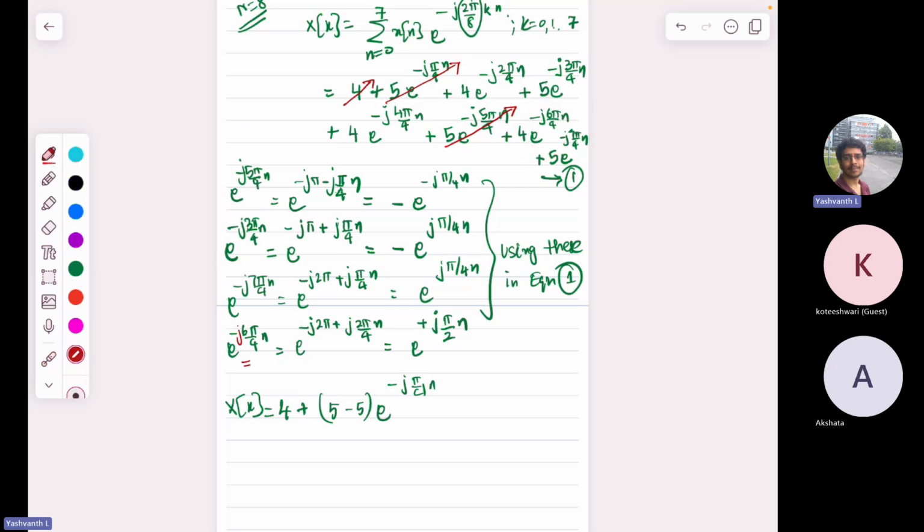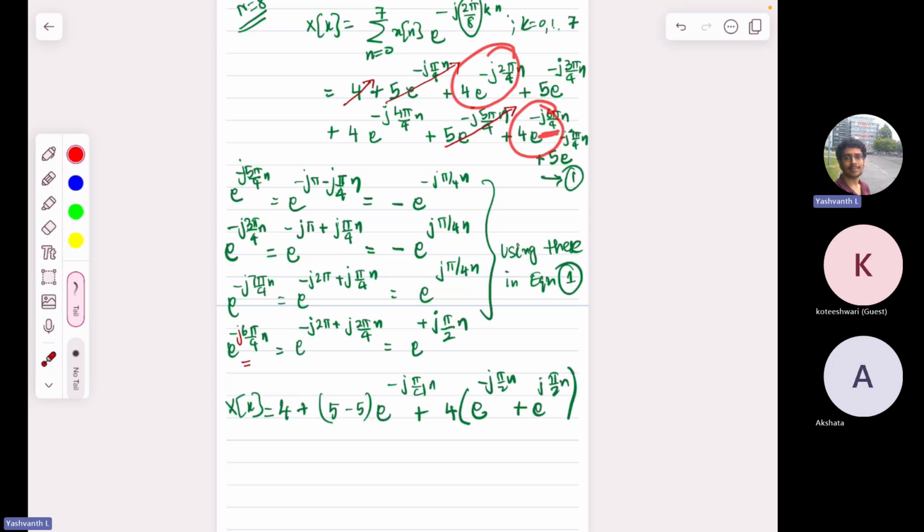So you get plus 4 into e power minus j pi by 2n plus e power j pi by 2n. Because e power minus j 6 pi by 4n is the same as e power plus j 2 pi by n. This is e power plus j pi by 2n, this is e power minus j pi by 2n. So now what have we cancelled? We have accounted for this and we have accounted for this. What is left out?